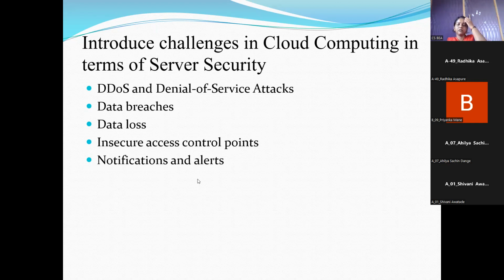We cannot say what kind of attack will happen at the time of shifting your business to the cloud. So these are some of the accidental chances for data loss.